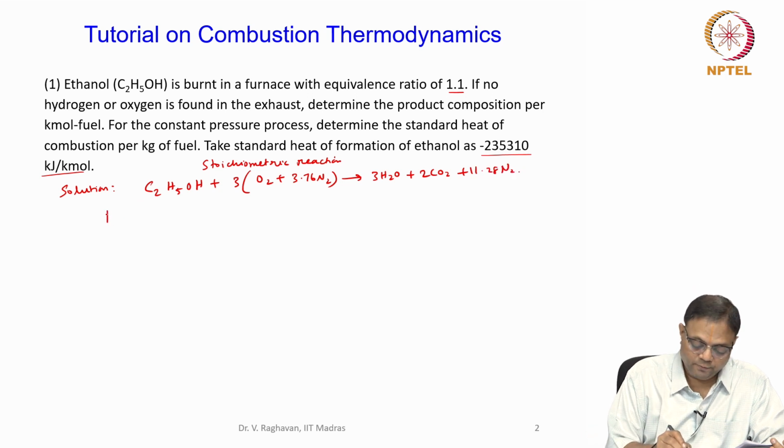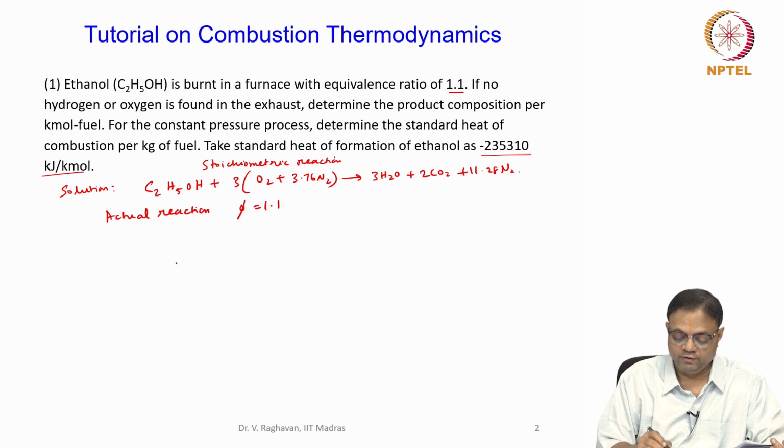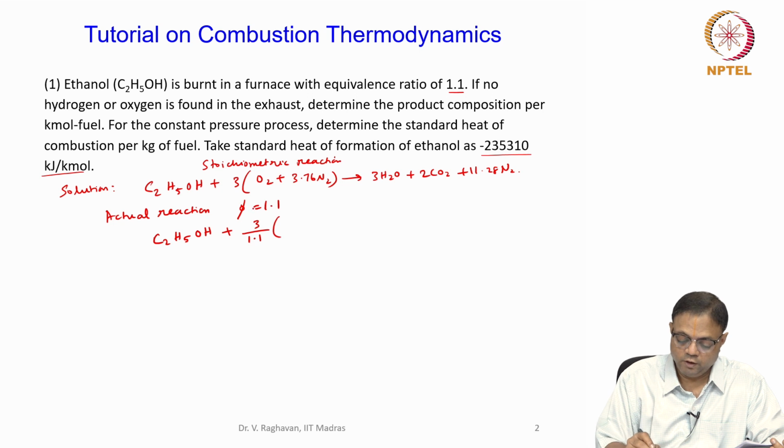Now actually we have an equivalence ratio of 1.1 as given here. That means the equation is written as, so instead of 3 I would write 3 by 1.1.